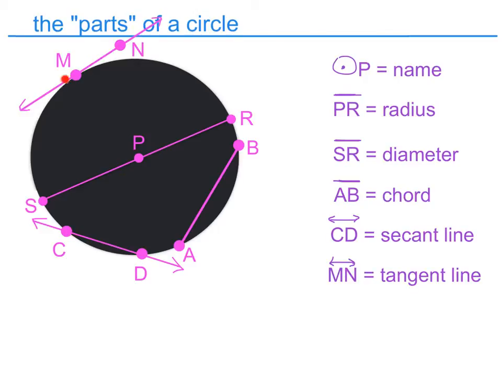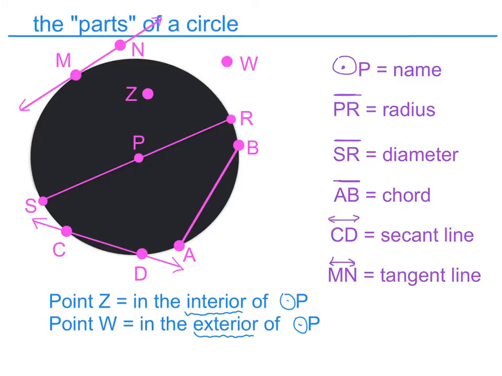This time, if your line only passes through the circle at exactly one point, so it doesn't pass through the circle, it just touches the circle at one point, to touch the circle at one point is to be tangent to the circle. So if this line is tangent to the circle at point M, then this line is called a tangent line.